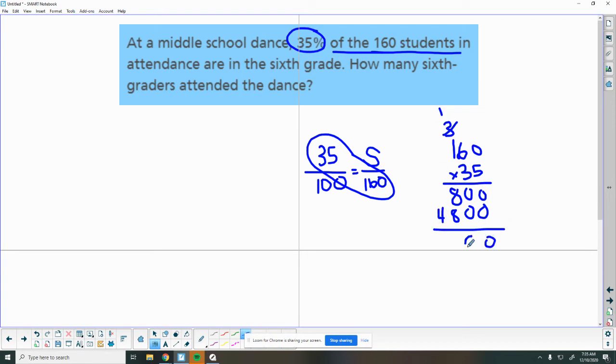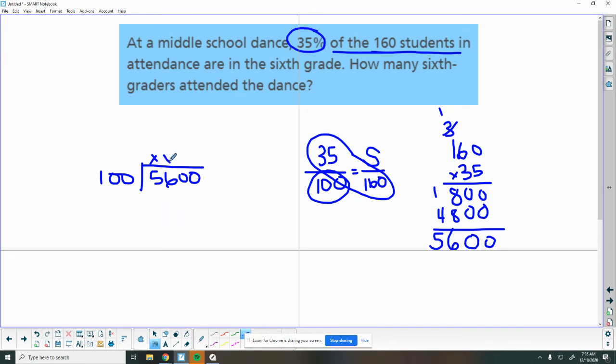So we're going to add these up. And so we end up with 5,600. And then we need to divide that by 100. So 5,600 divided by 100. Can't go into 5. Go ahead and pause the video and see if you can finish this problem here.